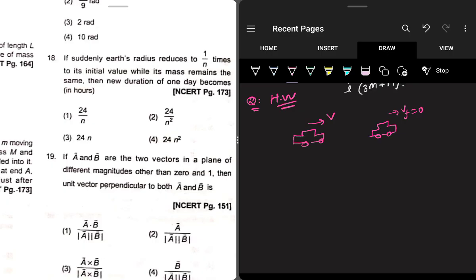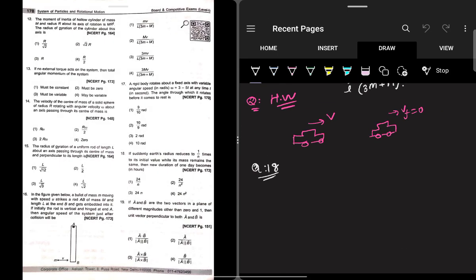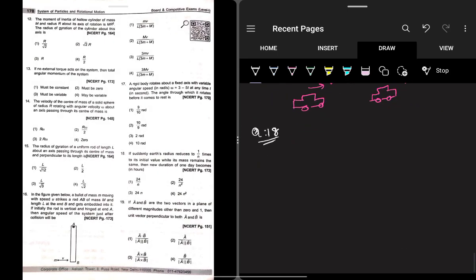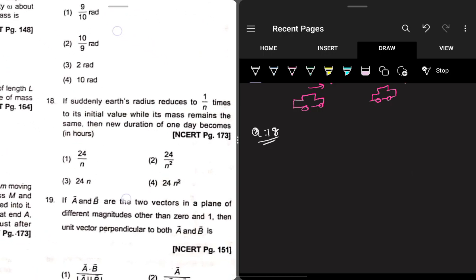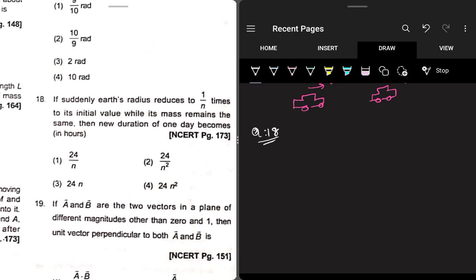This question number 18 is really good and very important. Many times JEE and NEET exams ask these questions. So if suddenly the Earth's radius reduces to 1 upon n times, so this is our Earth and it is rotating about its axis.